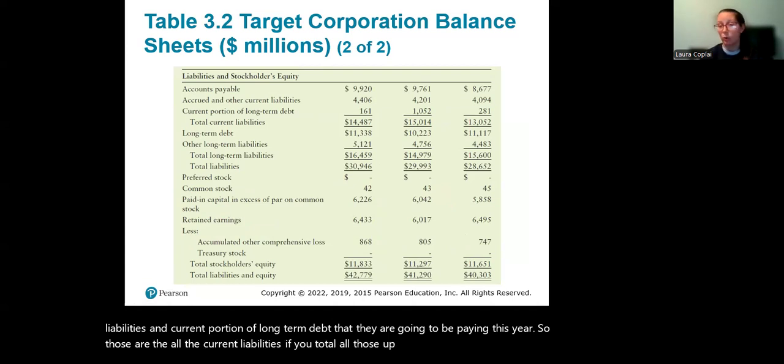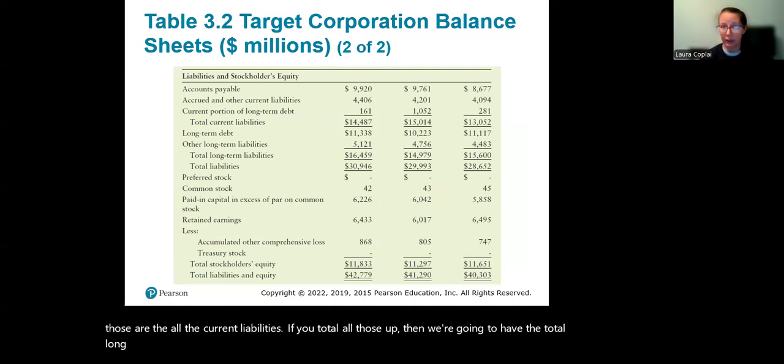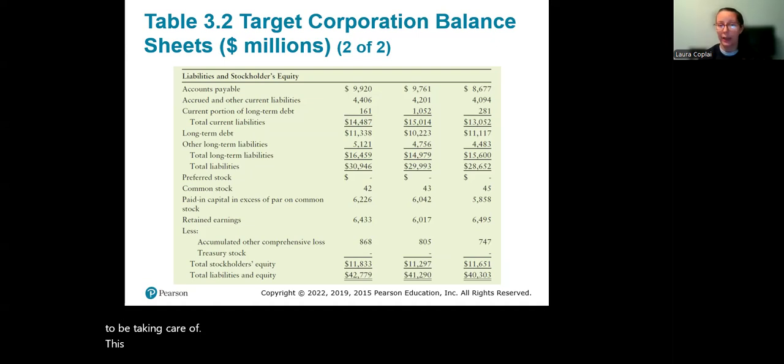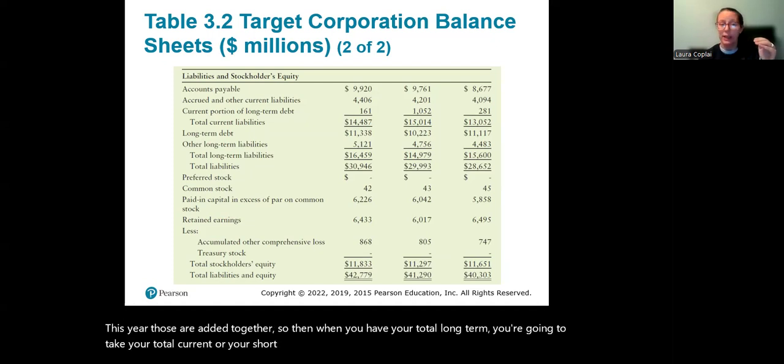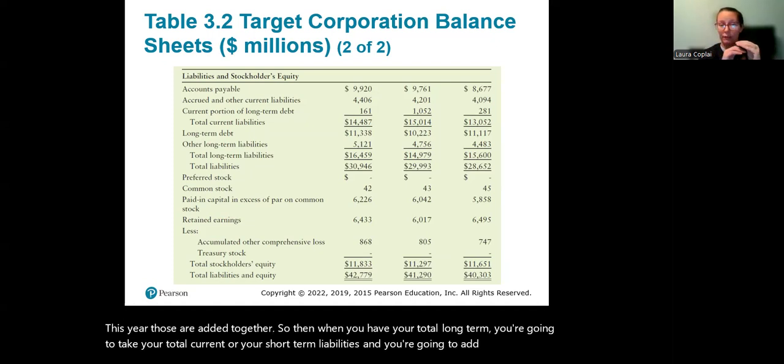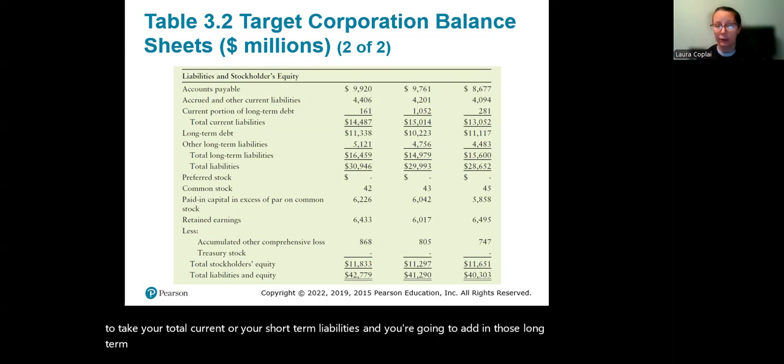Then we have the total long-term debt that they still have out there and other long-term liabilities that they're not going to be taking care of this year. Those are added together. So you take your total current, or short-term, liabilities and add in those long-term liabilities. That's going to give you the total liabilities of 30,946 in 2020, 29 in 2019, and then 28 in 2018.